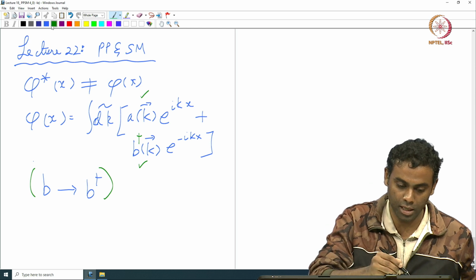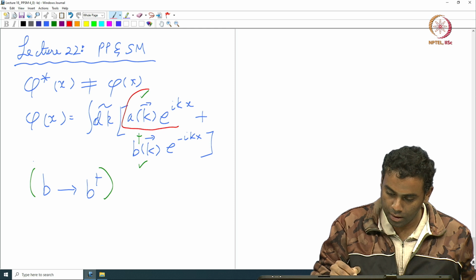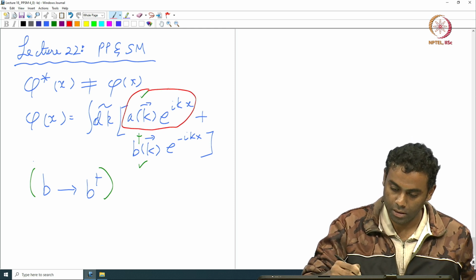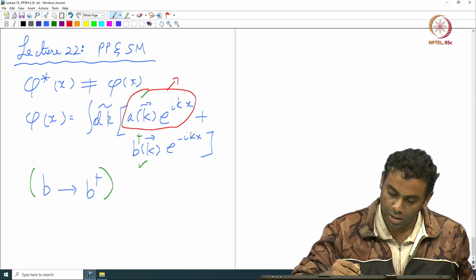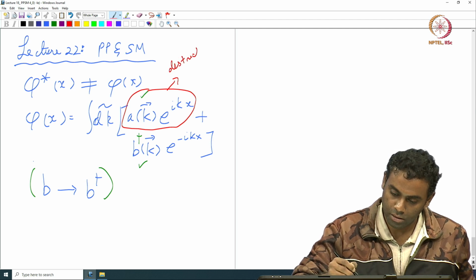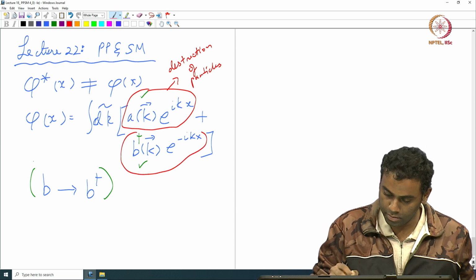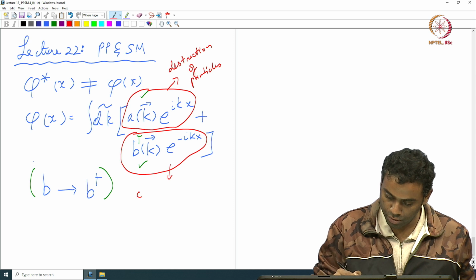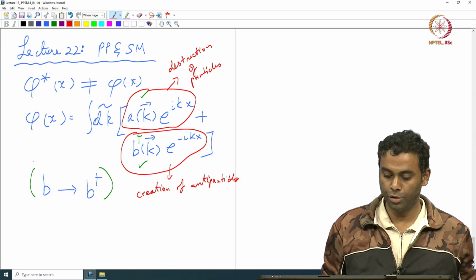The interpretation is that this term in the mode expansion corresponds to destruction of particles and this term corresponds to creation of antiparticles. Do you agree with this?